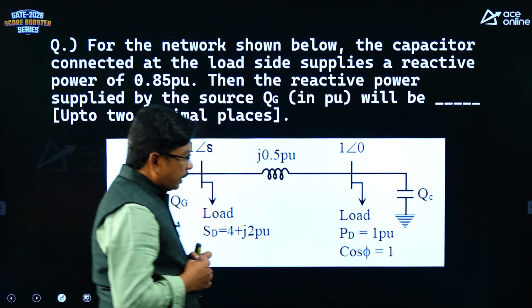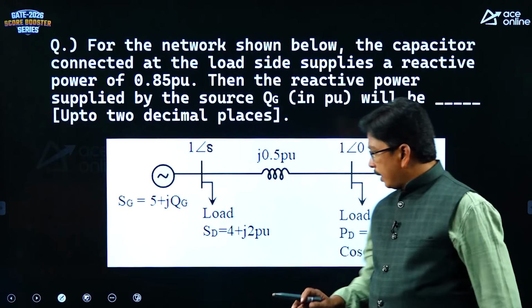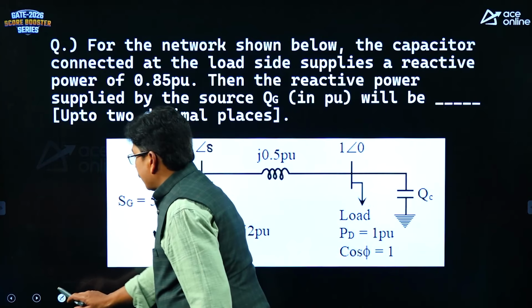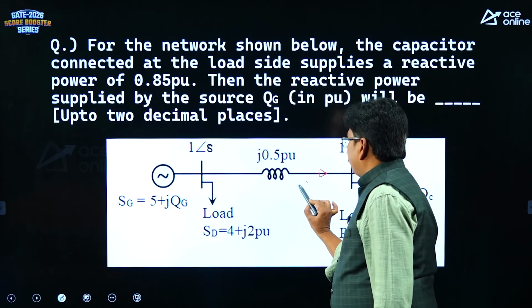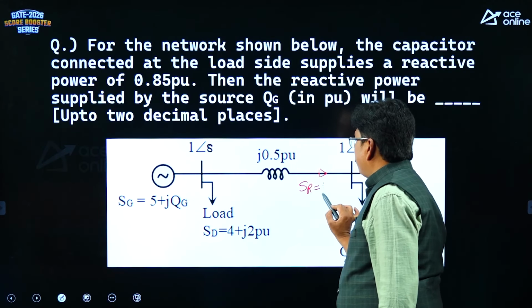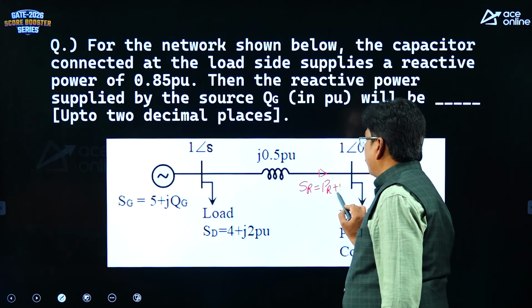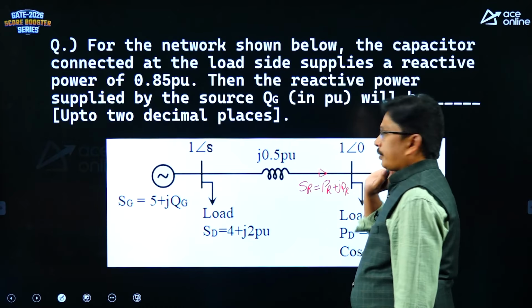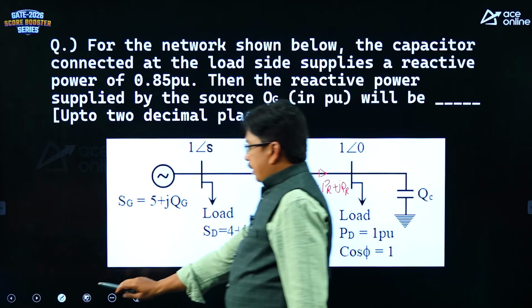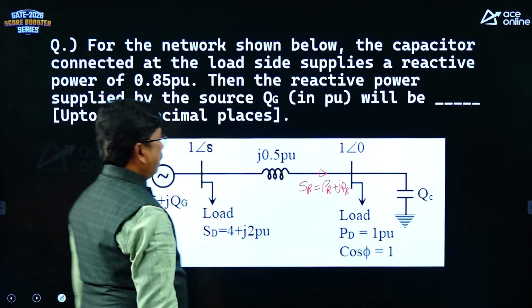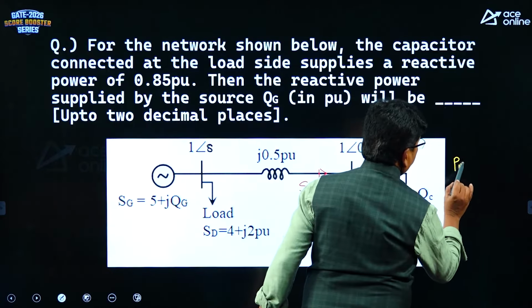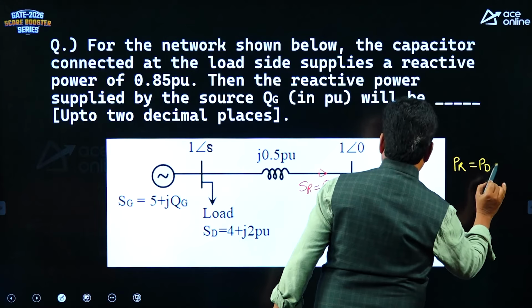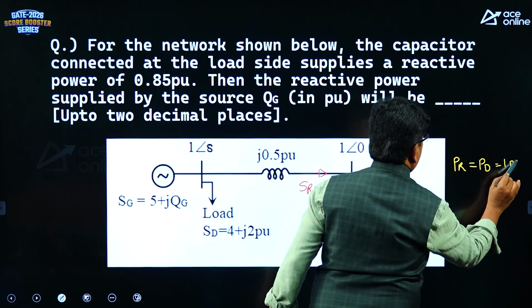Now see clearly, whenever we write SR, which is equivalent to PR plus j times QR, at this point, what is the value of PR? PR should be equivalent to PD, which is 1 per unit.